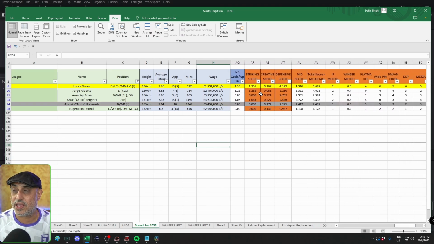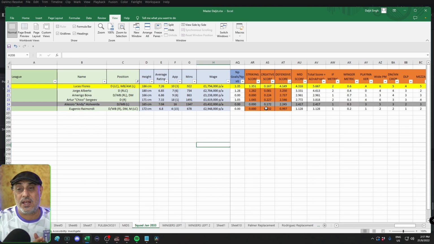Here we have their creative score, which in my calculations measures their creative actions. You can see Luca Flores is at 0.167 and 0.172 for Andy Holweda. If I were to compare both these players, it paints a picture for me, right?